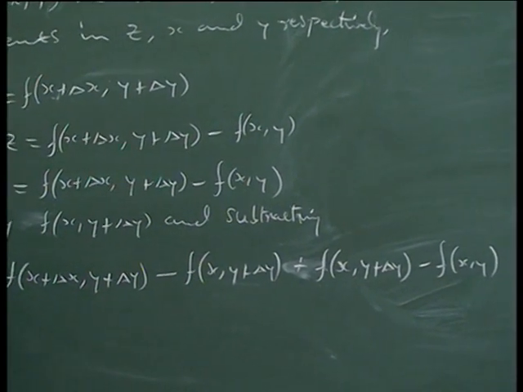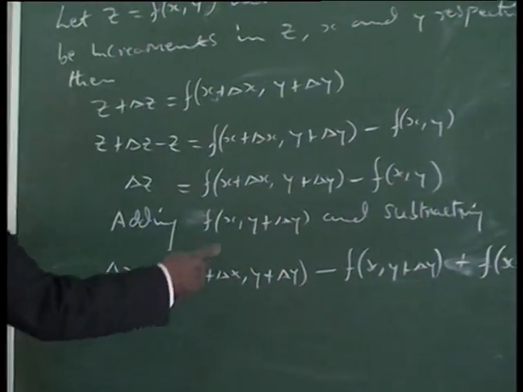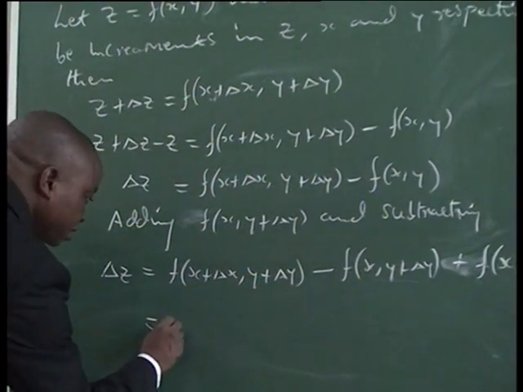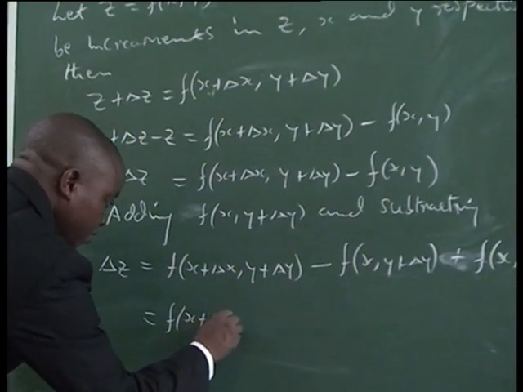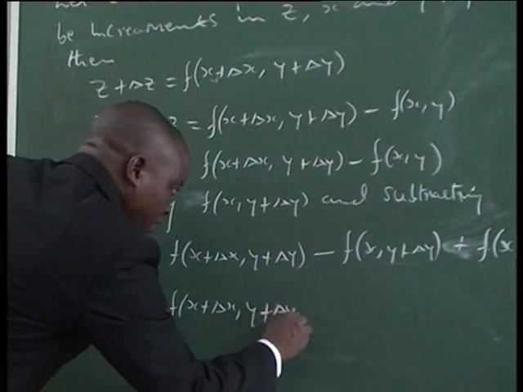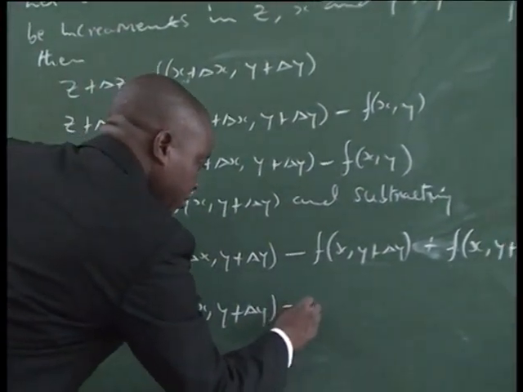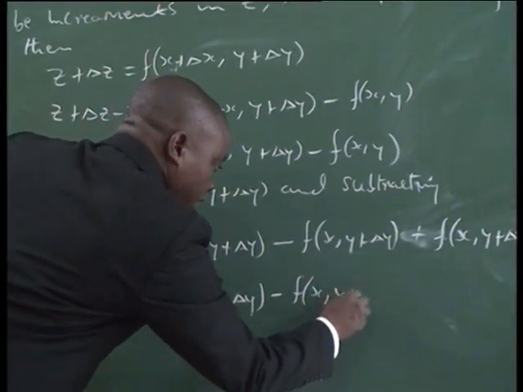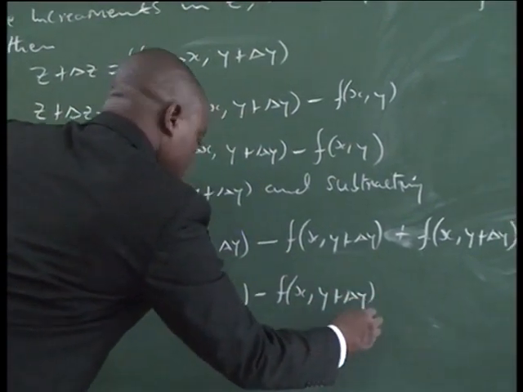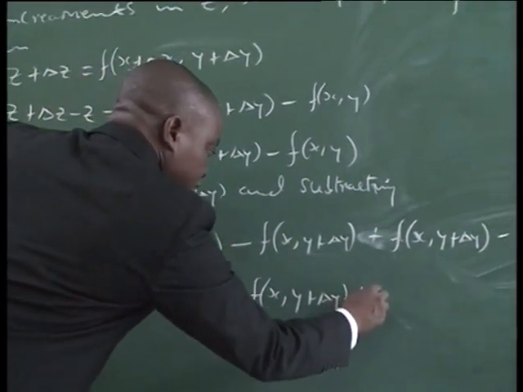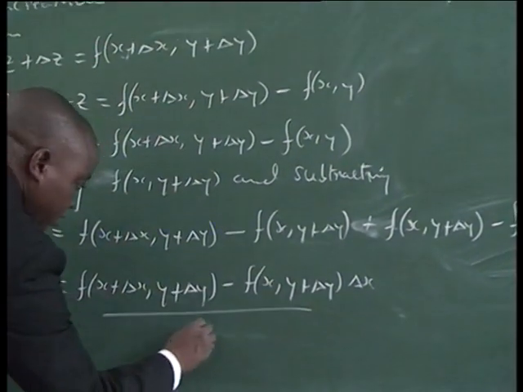Okay, so now I can also write this as f of x plus change in x, y plus change in y, minus f of x, y plus change in y, then I have change in x over change in x.